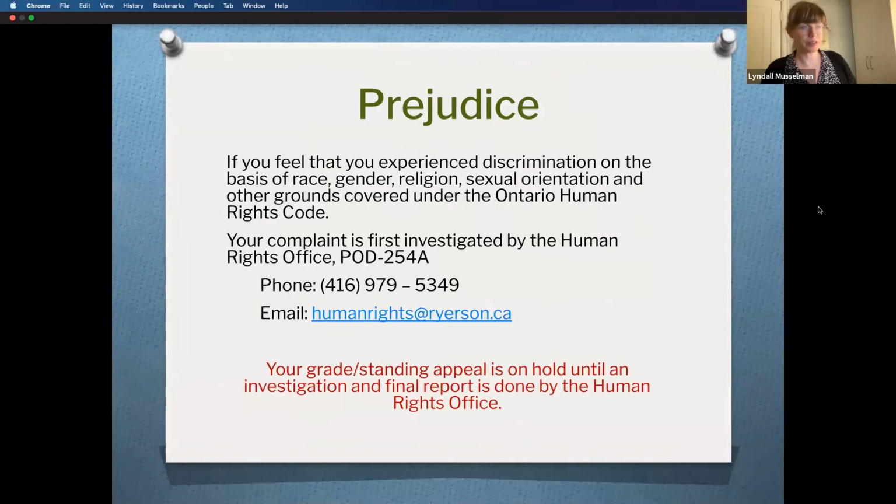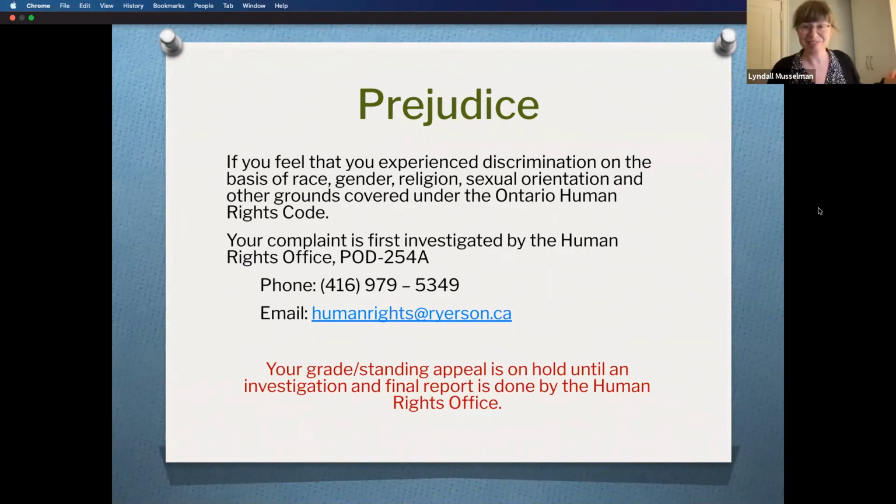Okay, so on to prejudice grounds. This is in the case that you feel that you've been discriminated against based on one of the protected grounds of the Ontario Human Rights Code. So, for example, if you feel that you were discriminated against based on race, gender, religion, sexual orientation, age, disability.